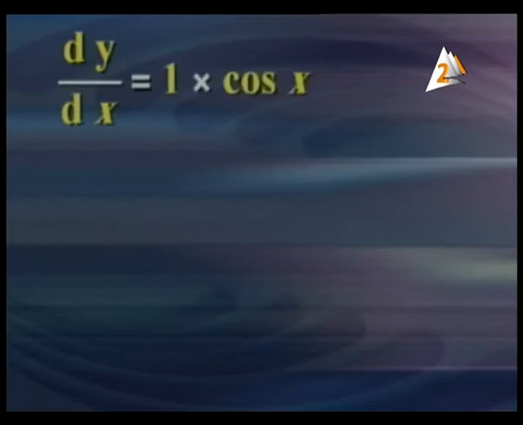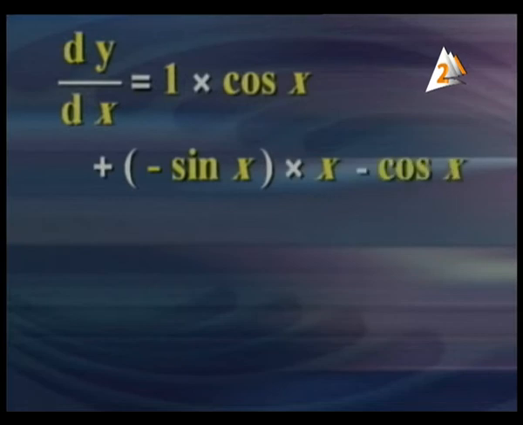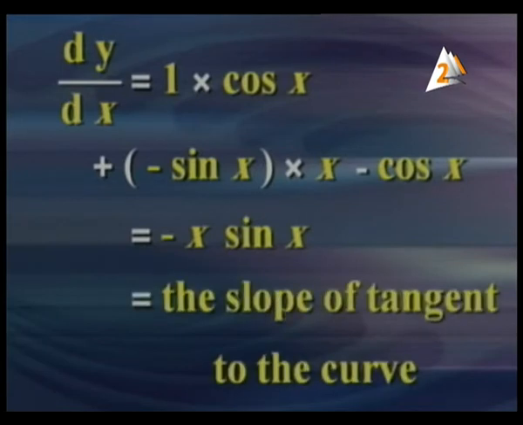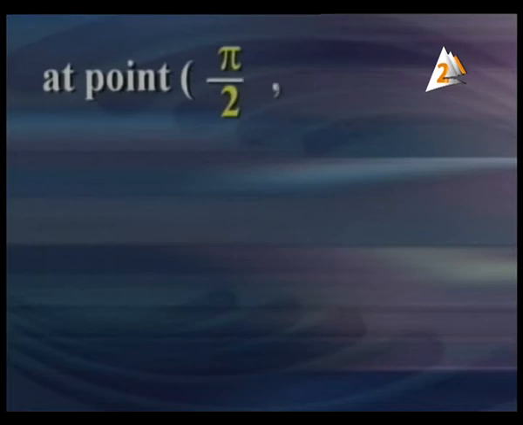At first, we find dy over dx equals 1 multiplied by cosine x plus negative sine x multiplied by x, minus cosine x. The final answer, negative x sine x, is the slope of the tangent. So dy over dx becomes negative x sine x.